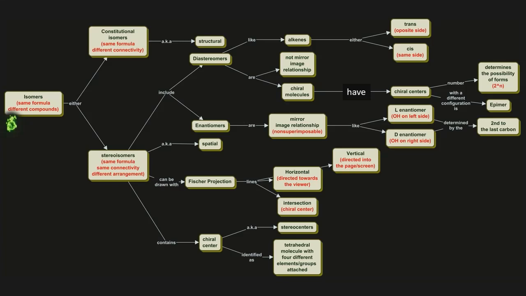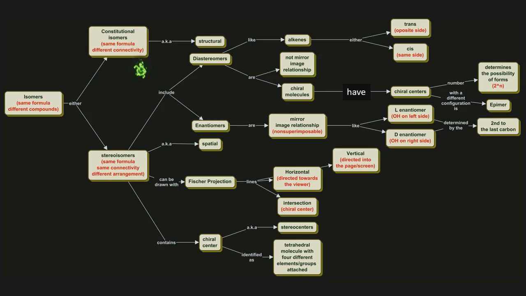Isomers are basically molecules having the same formula but being different compounds. One type of isomer is called constitutional isomers. They are also known as structural isomers.